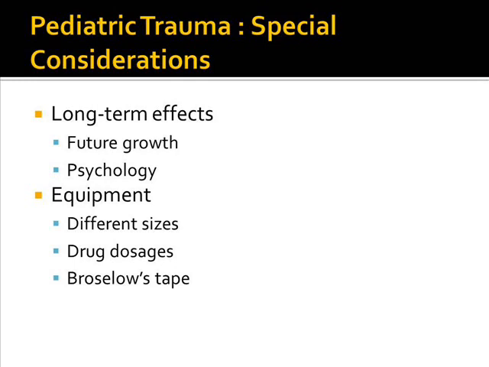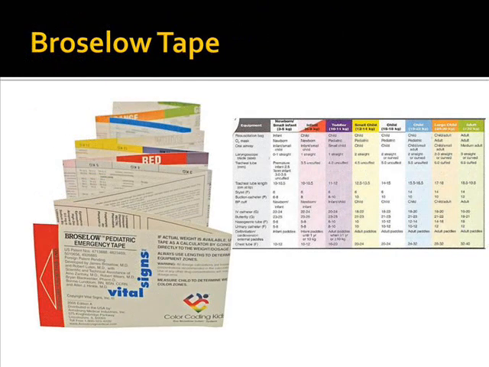And normally all this information is put together in the Broselow chart or Broselow tape, which is shown here. And this tape usually shows the height. It can be used to measure height, because height correlates quite well with weight.